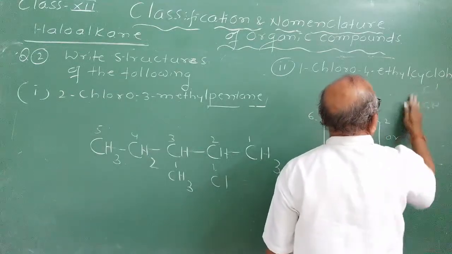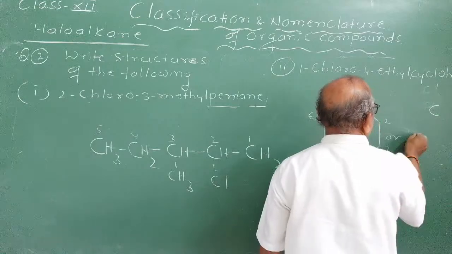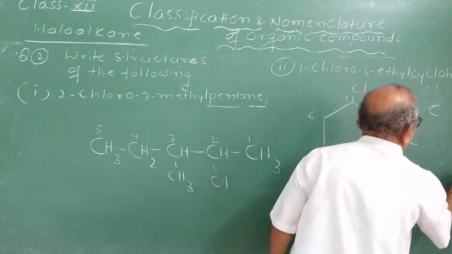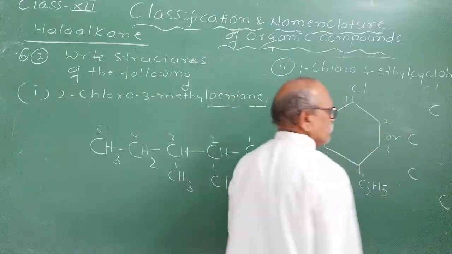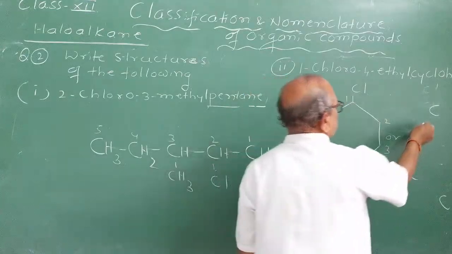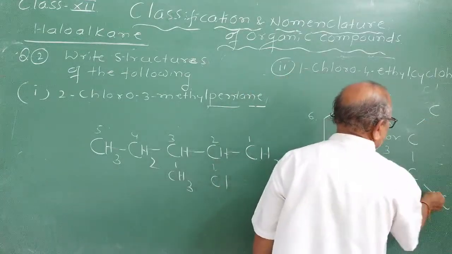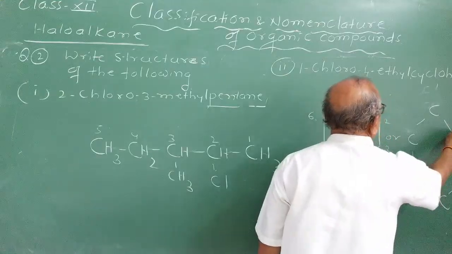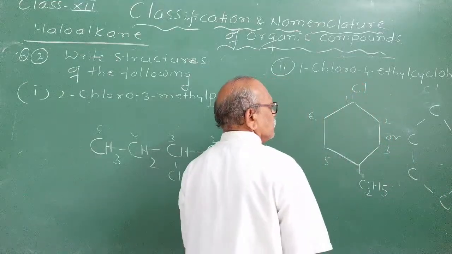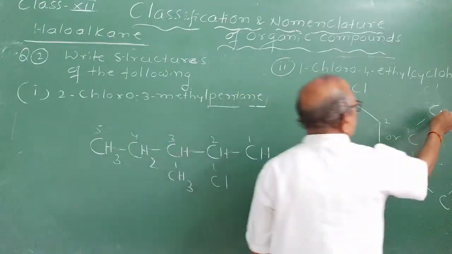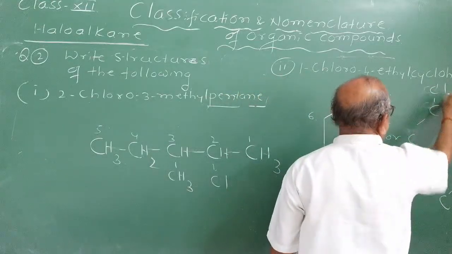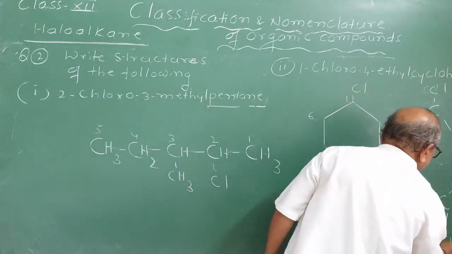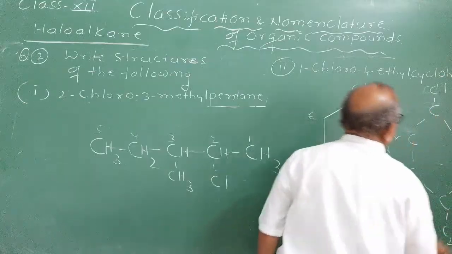Even so, you can write it as CH-Cl. You can write 6 carbon atoms like this, 1, 2, 3, 4, 5, 6, with single bonds. You write chlorine here, so 1 chlorine atom is linked here, and 1 C2H5 is linked here. You can write the open structural formula.